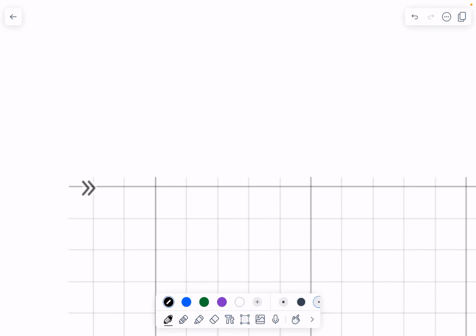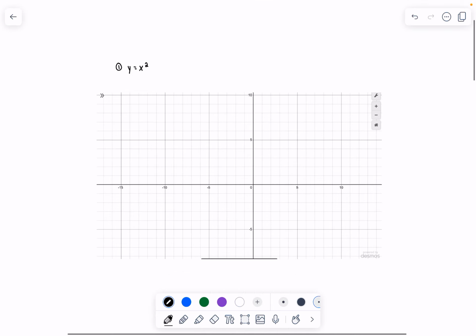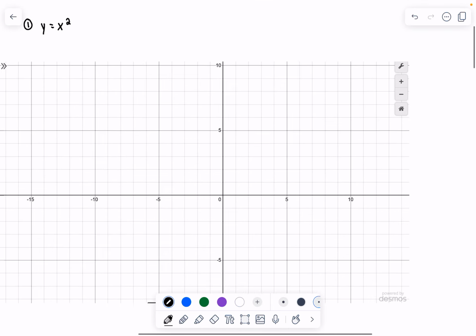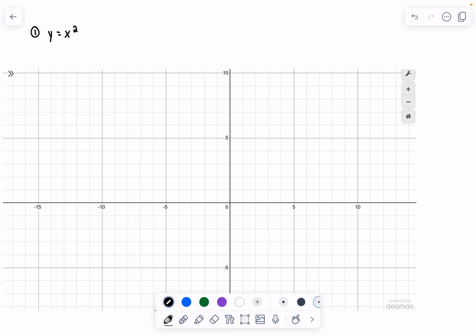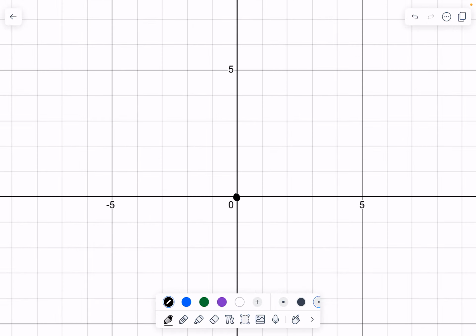understanding it. So our base function, hopefully everyone knows by now, is y equals x squared. We already know what this looks like. We've explored it in the previous video and in previous days. We understand that the vertex is at 0, 0.